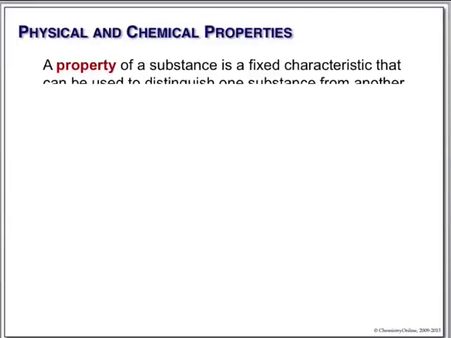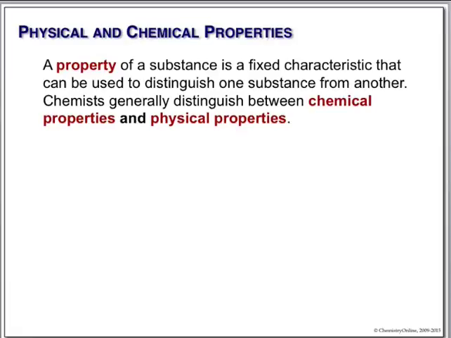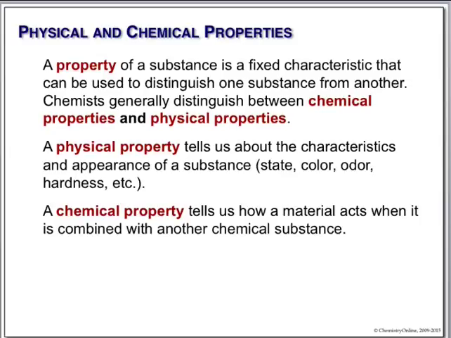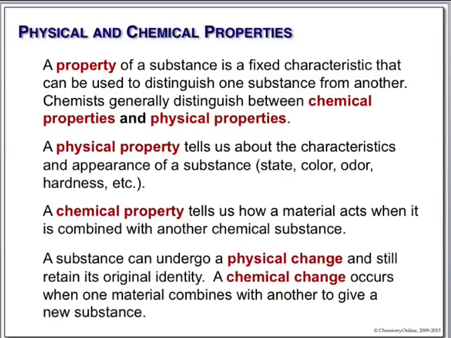All right. Let's go back to our discussion of other properties. We've done physical properties. We decided that that's what something looks like: its density, state, color, all those things. A chemical property actually tells us how something reacts with something else. It's going to describe chemical reactions.